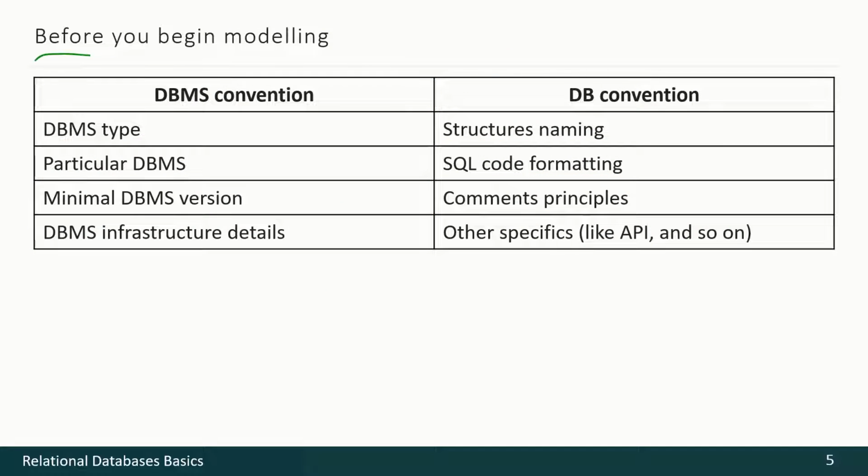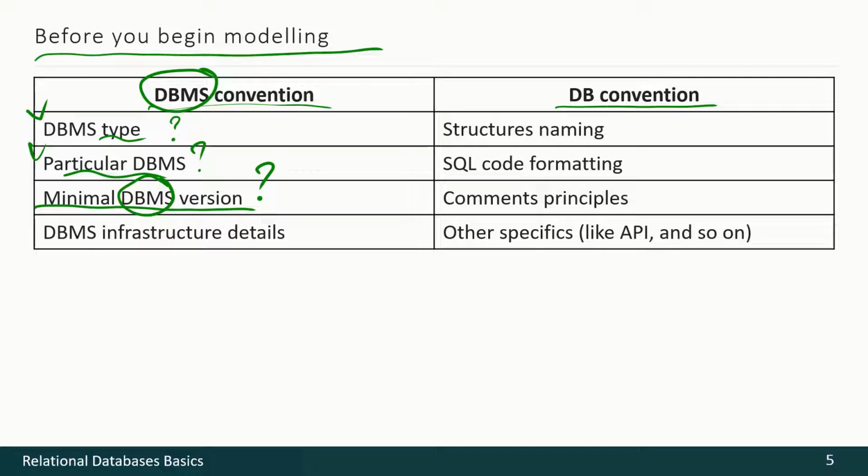The next thing that will help us with data logical modeling is conventions, DBMS conventions and database conventions. DBMS conventions include DBMS type, so what type of database are we dealing with, what particular DBMS are we dealing with, what's the minimal version of our DBMS, because the information about version leads us to understanding of some limitations and capabilities of our DBMS.